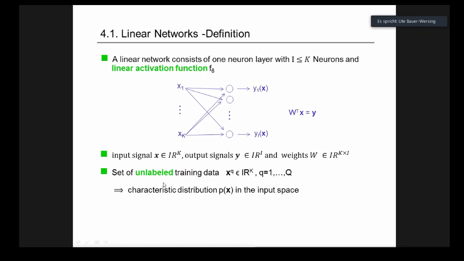These data points have some characteristic distribution in input space. We can model this distribution, for example, using a probability density function or a mixture of them.